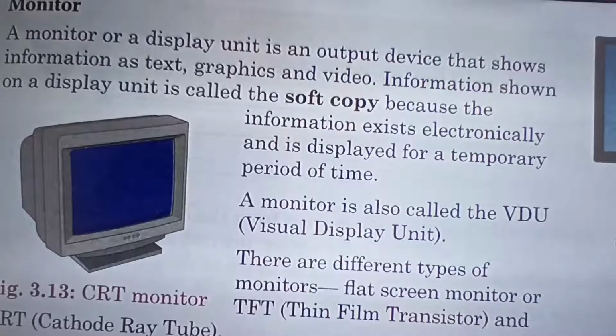Information shown on a display unit is called a soft copy because the information exists electronically and is displayed for a temporary period of time.